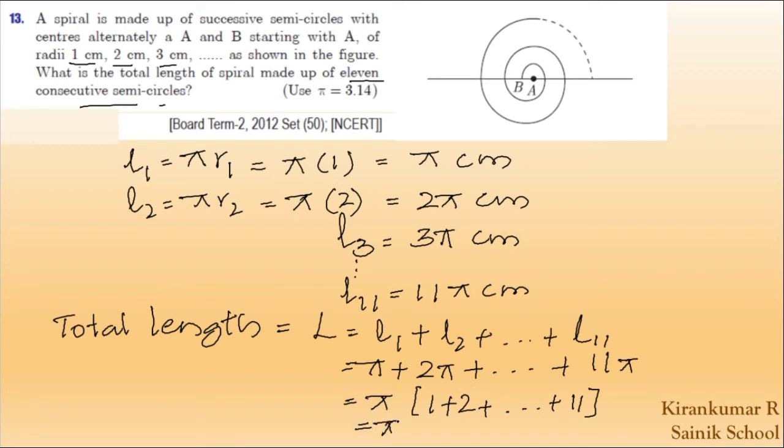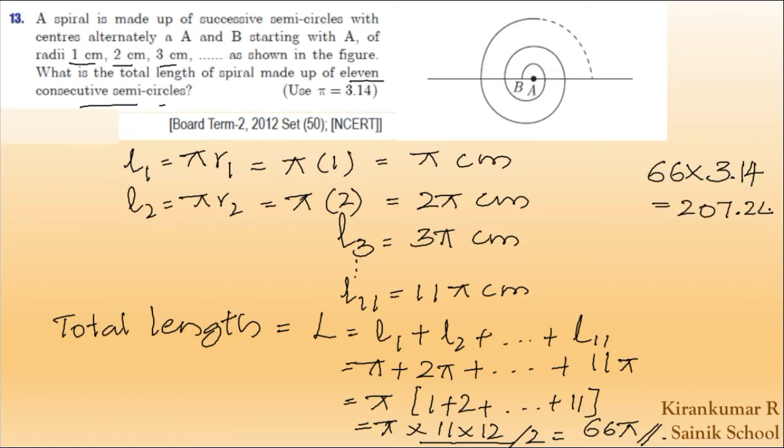So pi multiplied by 11 into 12 divided by 2. So 66 pi will be the sum. If you want to convert pi as 3.14, we get the result as 207.24 centimeter. This will be the total length of the spiral.